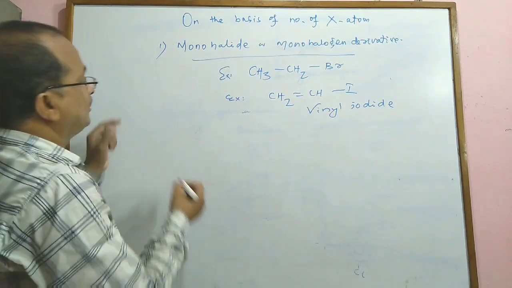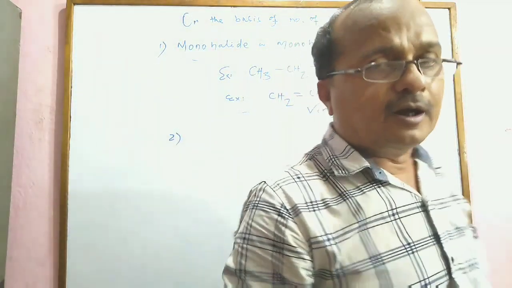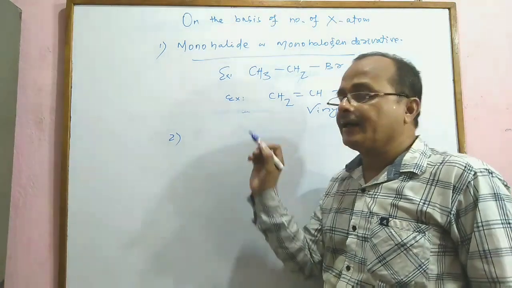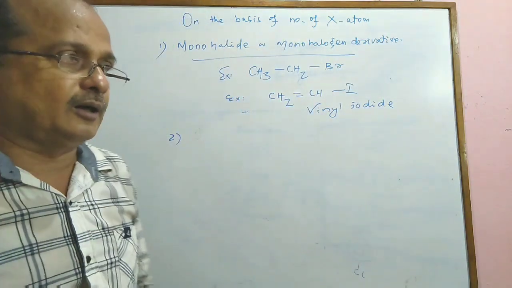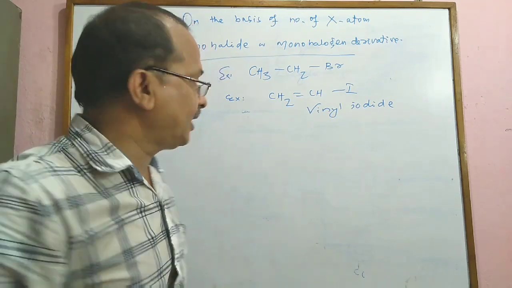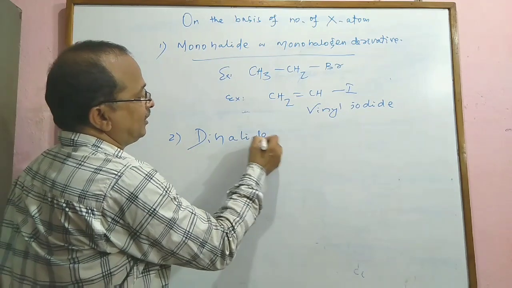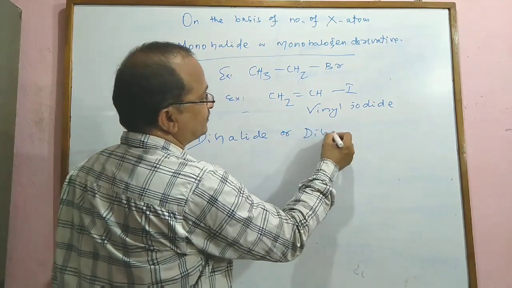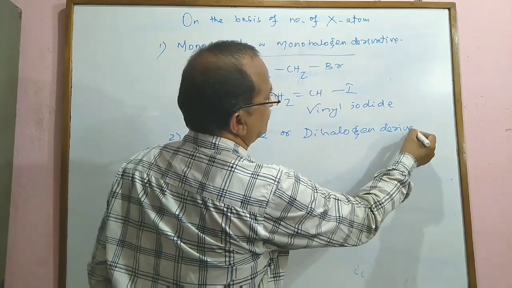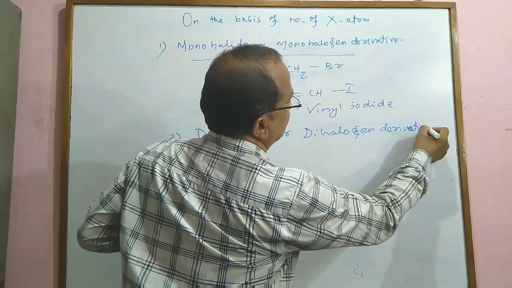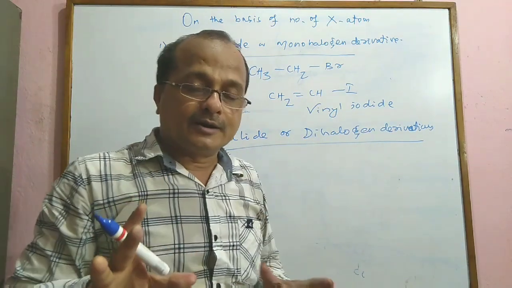Next, when two halogen atoms are present, then it is called a dihalide or dihalogen derivative. The two halogen atoms may be attached to the same carbon atom or to adjacent carbon atoms.